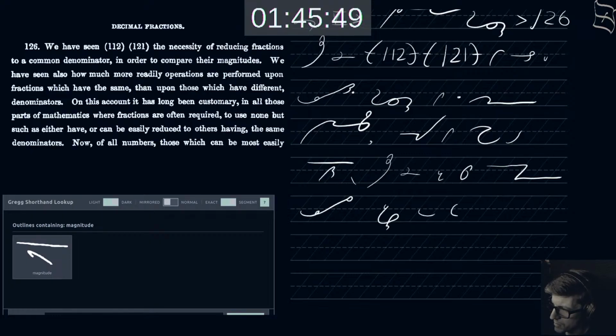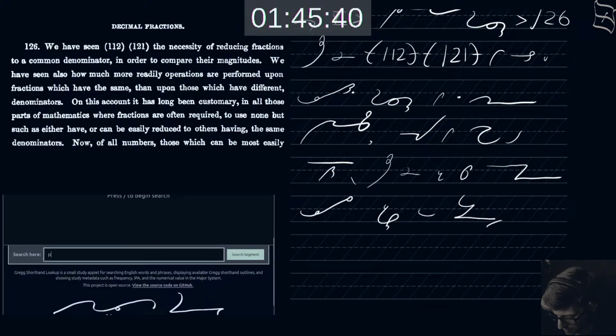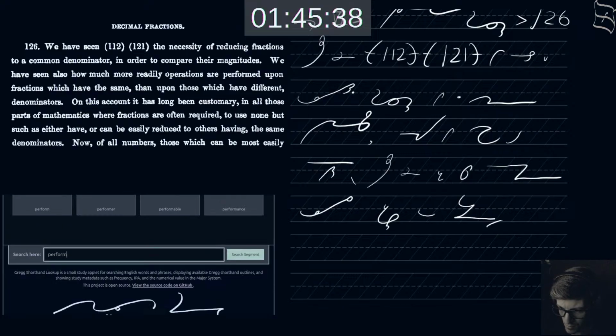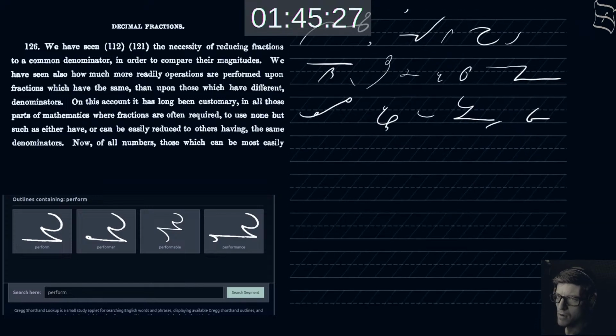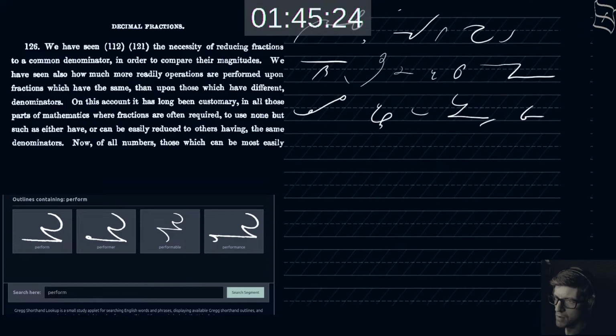Operations are performed. See if it needs an E or not. Nope. Good. Upon fractions which have the same than upon those which have different.